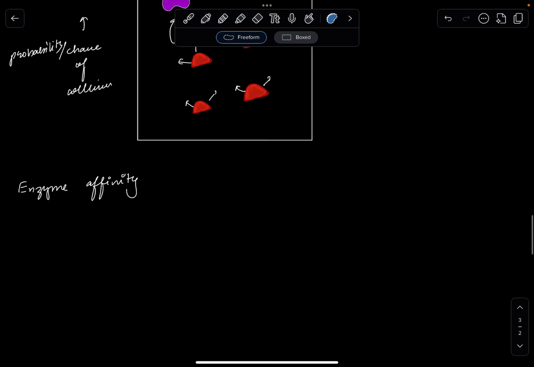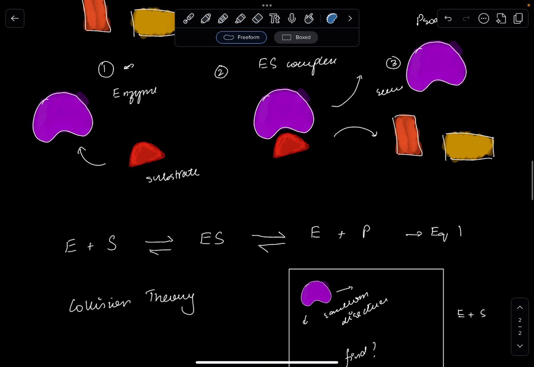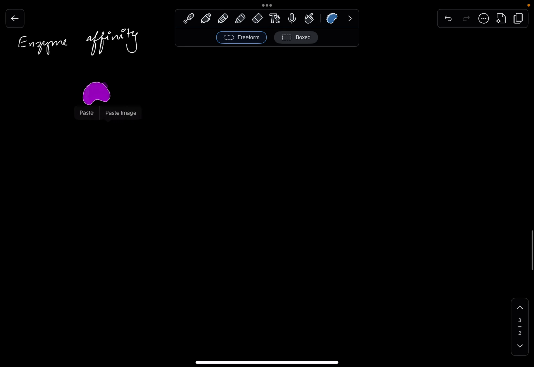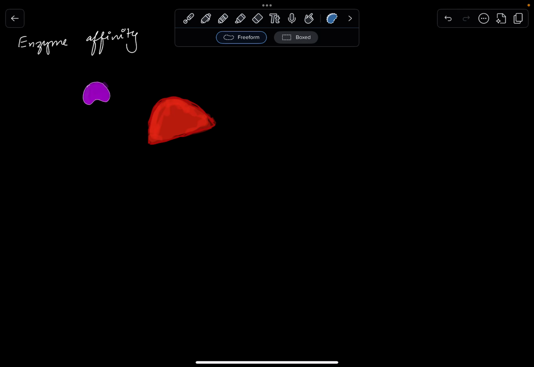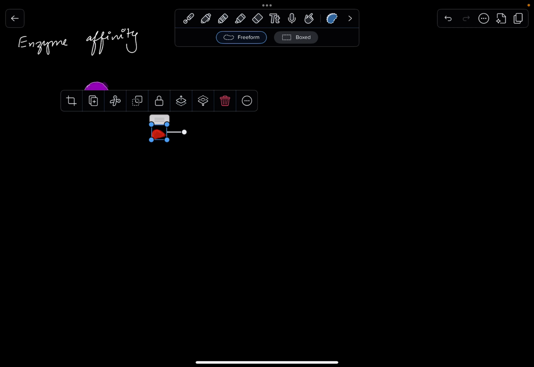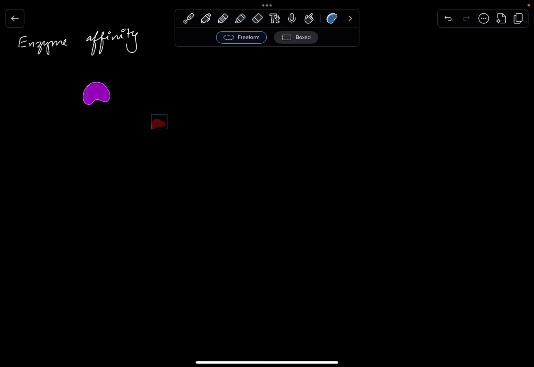If I have my enzyme and my substrate, how likely is my enzyme to bind to this substrate?